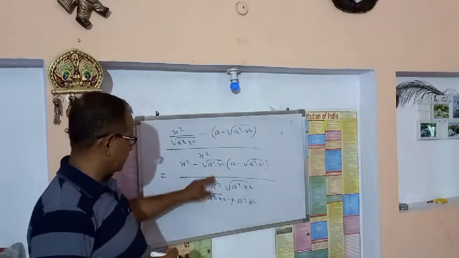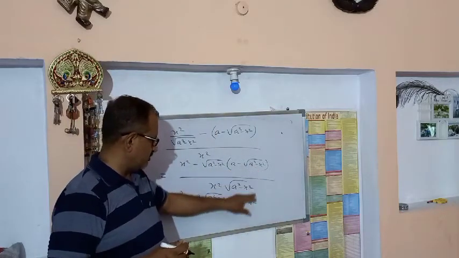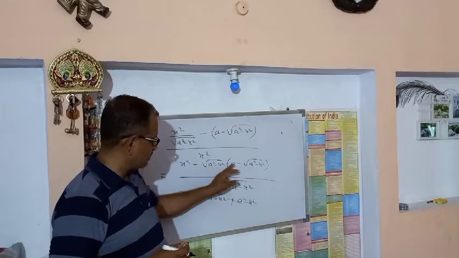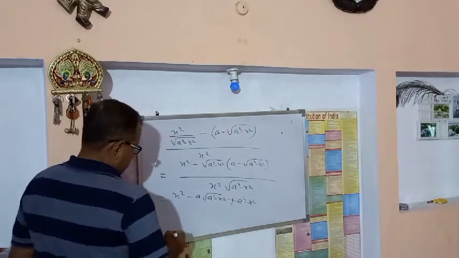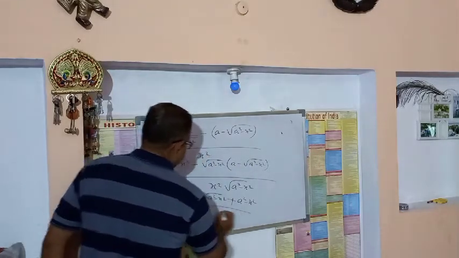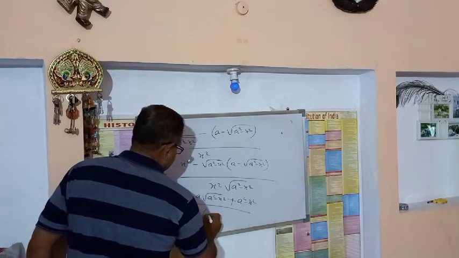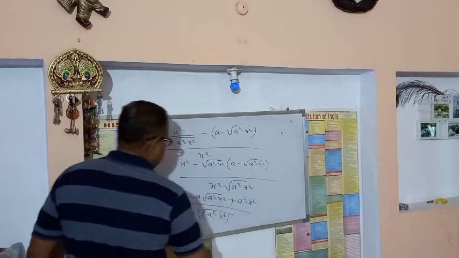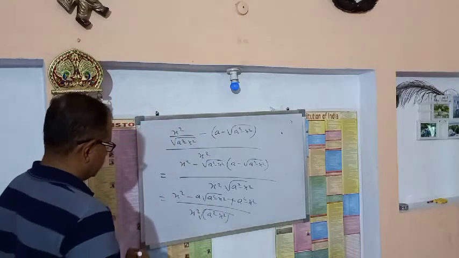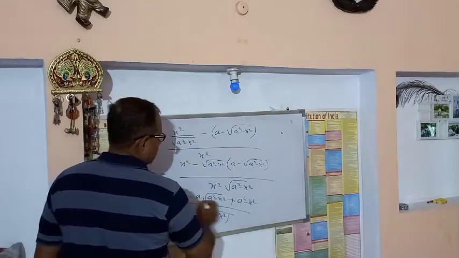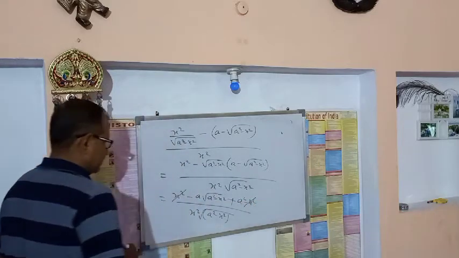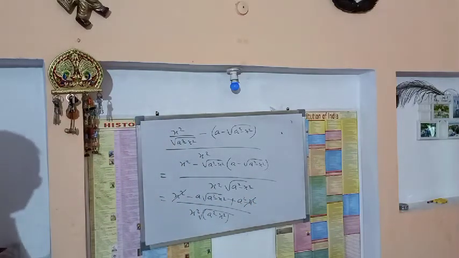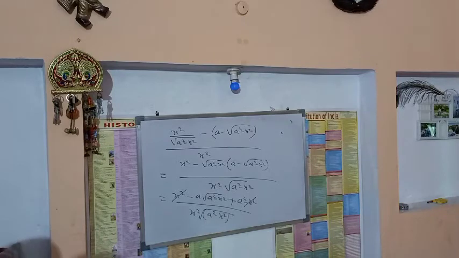Under root a square minus x square into under root a square minus x square, so we will remove the root sign. Whole upon x square into under root a square minus x square. So this x square minus x square cancel.